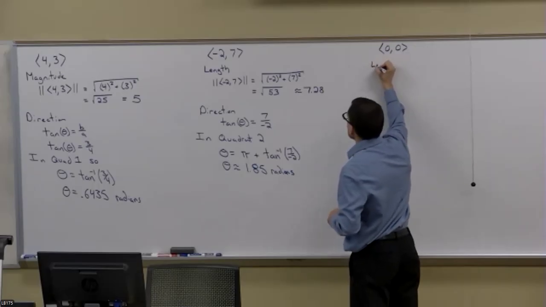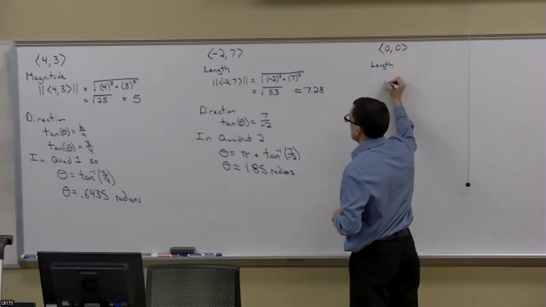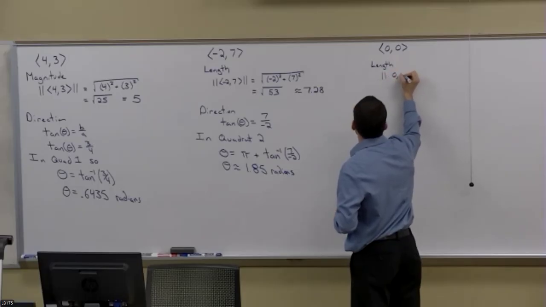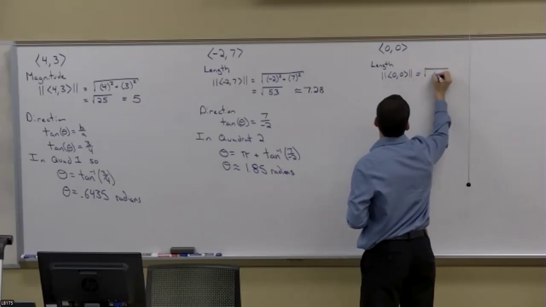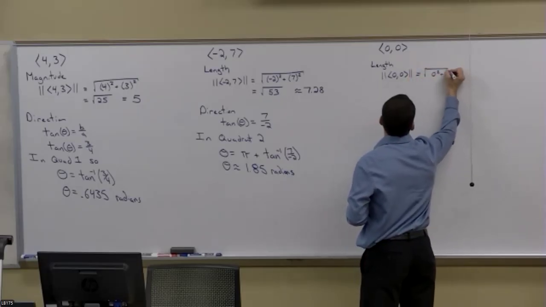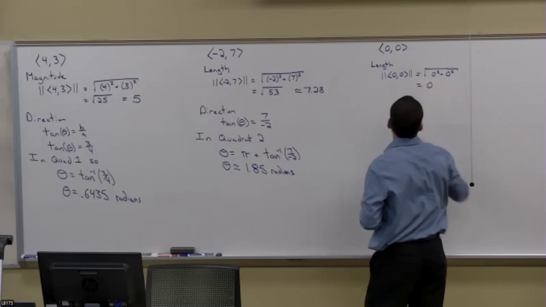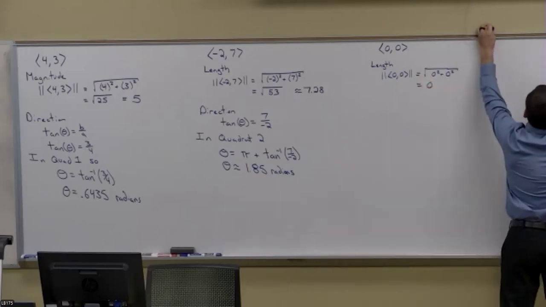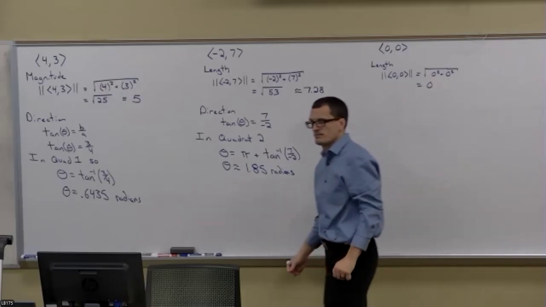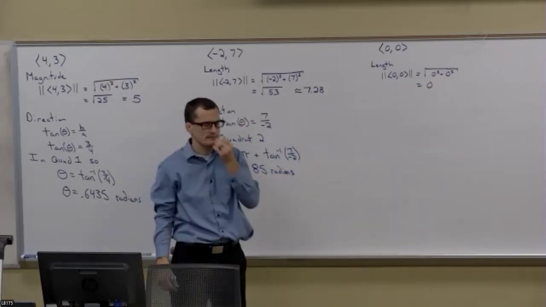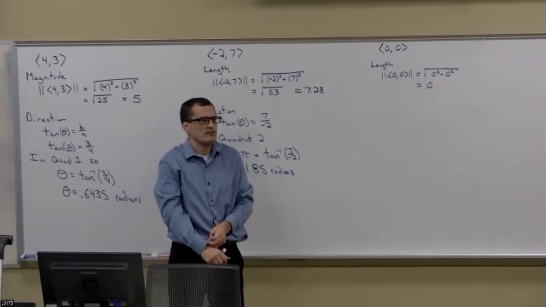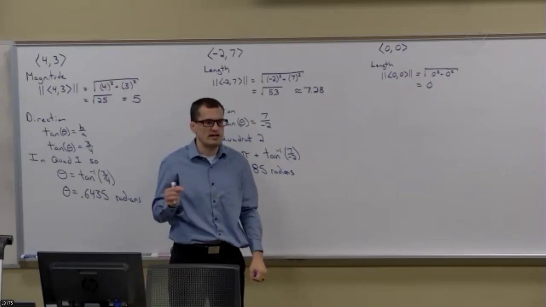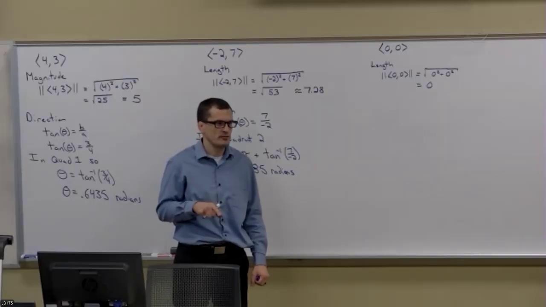Now let's look at the length of the zero vector. The length of the zero vector is, as you probably guessed, 0. The zero vector is the only vector of length 0. This is the vector that just stays at the origin in standard position.